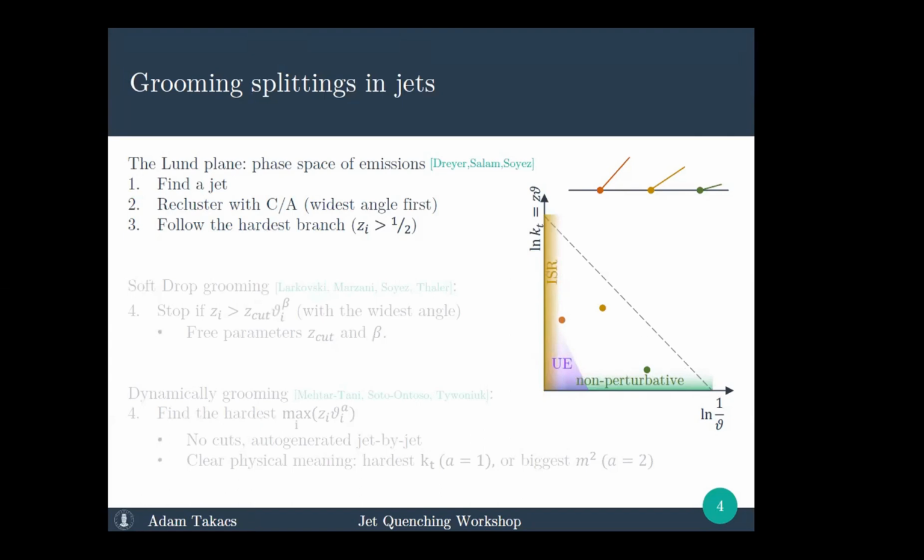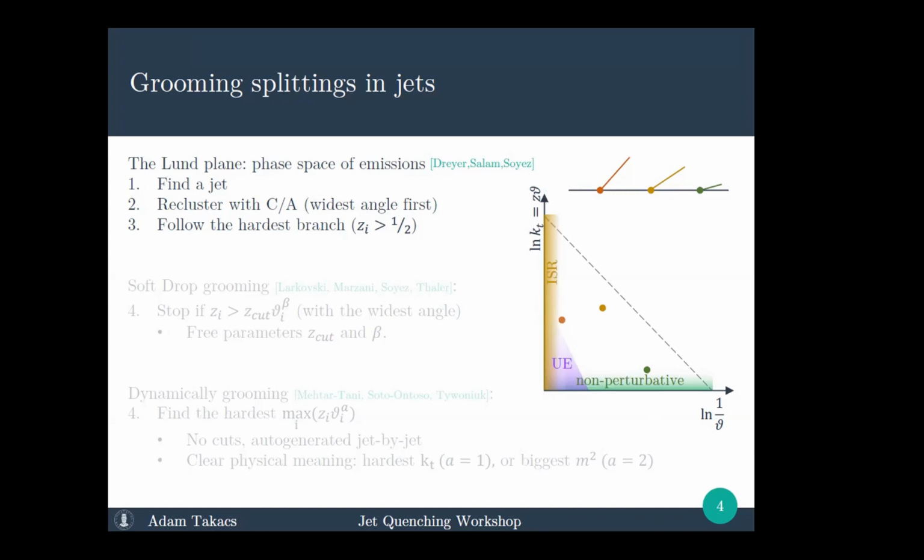There are other effects, for example, the underlying event like multi-parton interaction, or wide angle emissions, so emissions which start out of the cone but are still entering it. These are further complications in perturbation theory, but these emissions are well separated in given corners of the phase space.